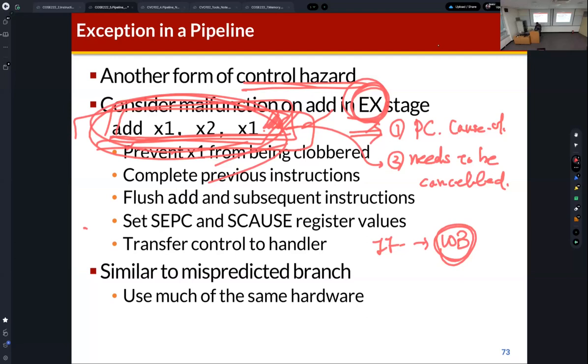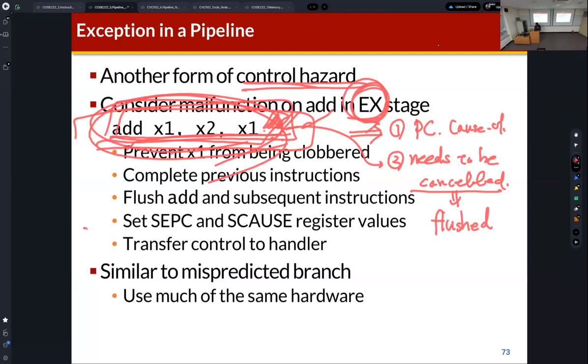If an instruction is cancelled, it's flushed. We learned how to flush an instruction: if a bubble is generated in the pipeline registers, then the instruction is flushed. So the exception is detected, and this instruction is flushed.